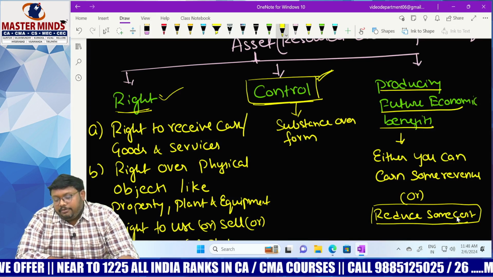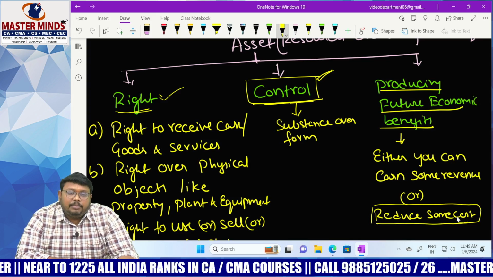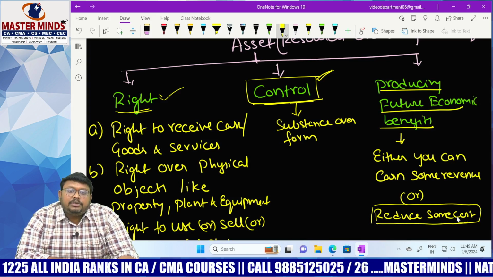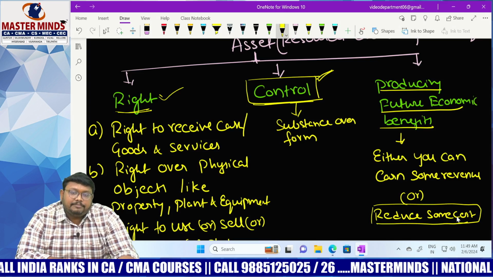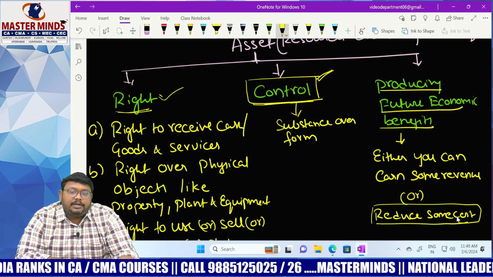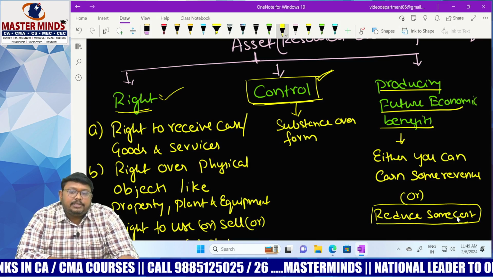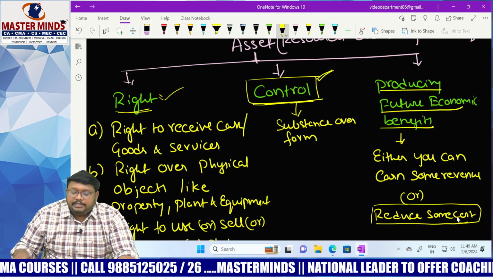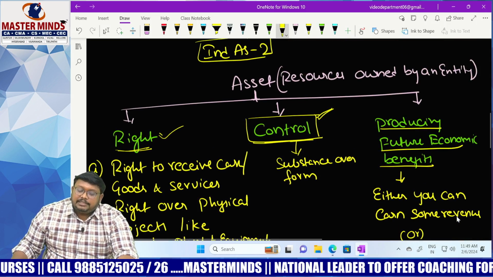Here what I am trying to tell you is, future economic benefits means it should earn some revenue for you or it should reduce some cost for you. Either one, then it will be your asset.